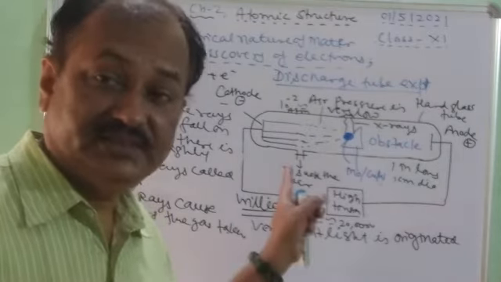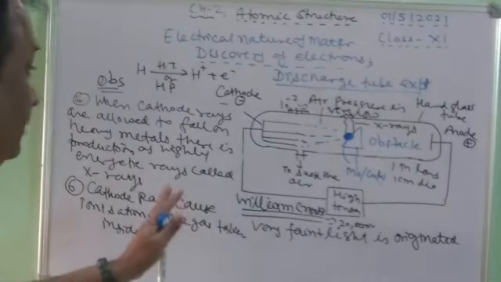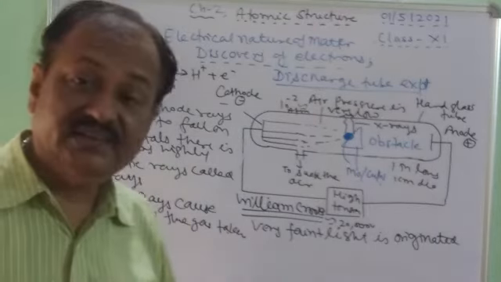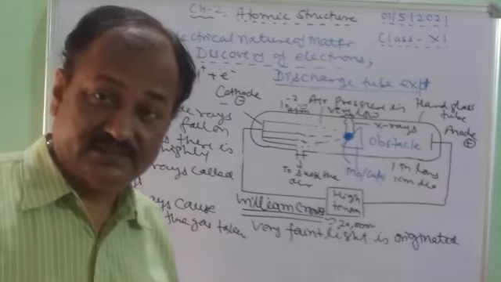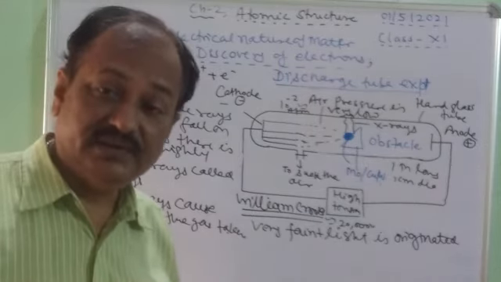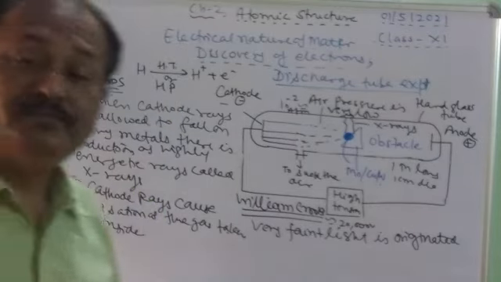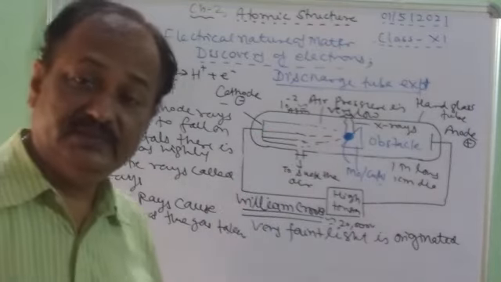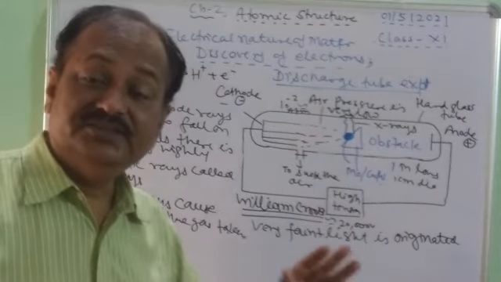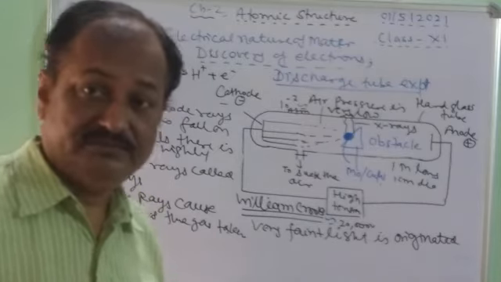So in summary, cathode rays are nothing but negatively charged particles. This is about the discharge tube experiment, and it is J.J. Thomson who named them electrons.